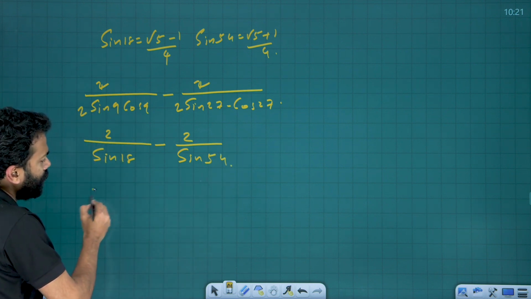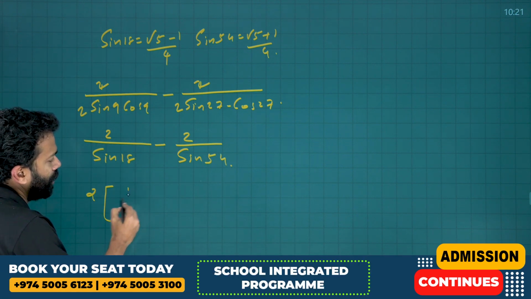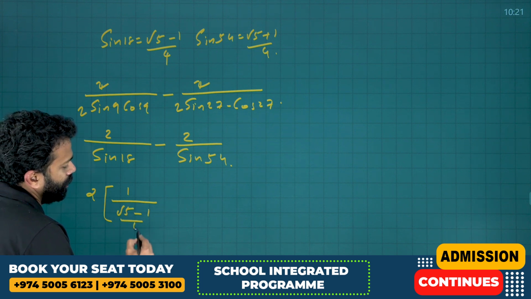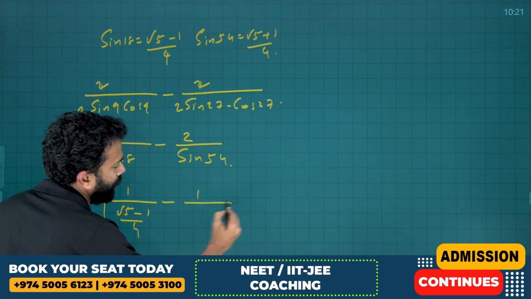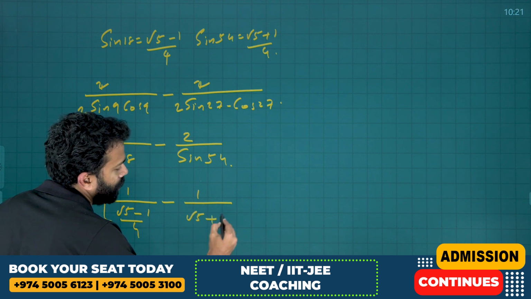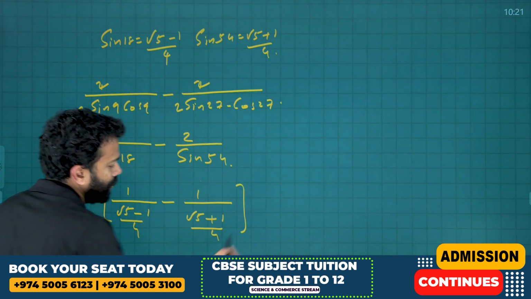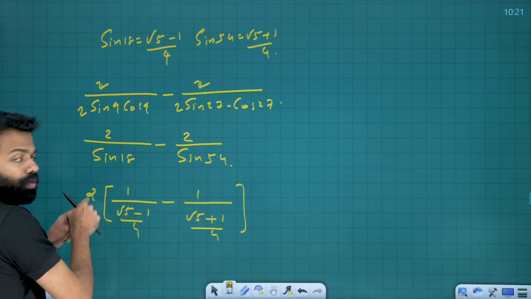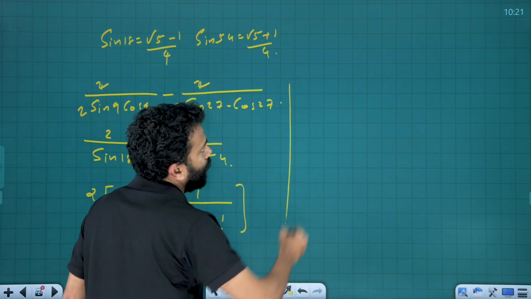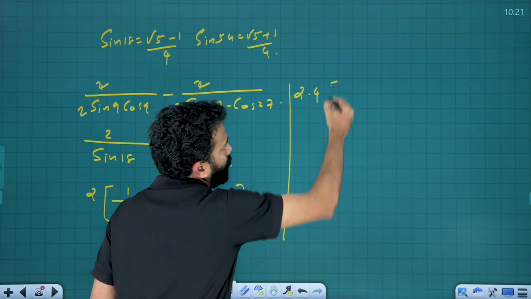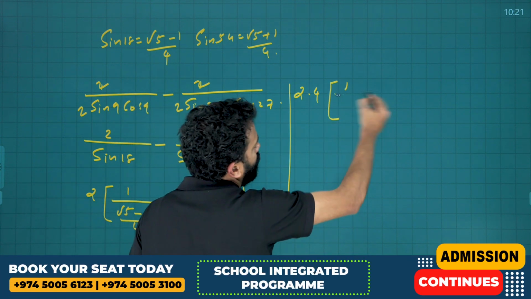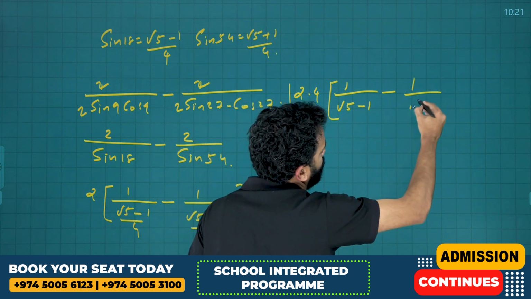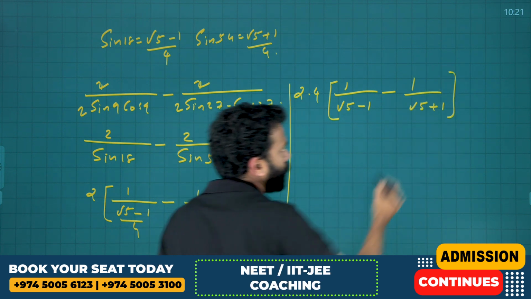Take 2 outside, it will be 1 by sin 18, that is root 5 minus 1 by 4, minus 1 by root 5 plus 1 by 4. This 4 will come on top, and you can take that 4 as common. Therefore, it becomes 2 into 4 divided by root 5 minus 1 minus 1 by root 5 plus 1. Now, the problem is almost over.